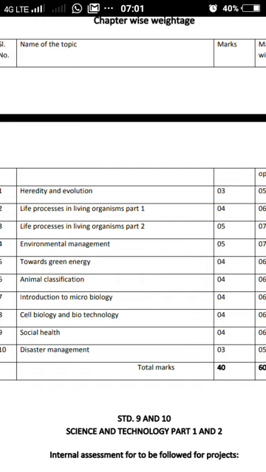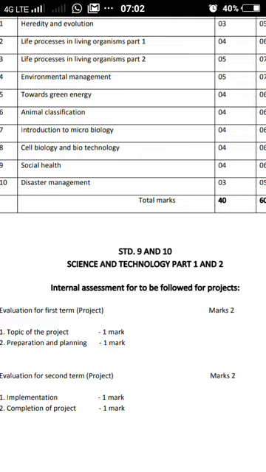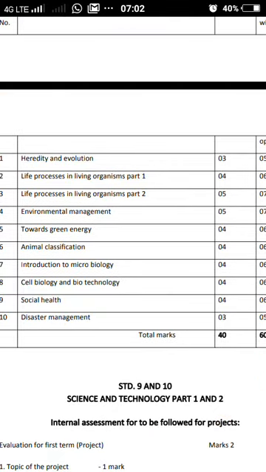Animal classification 4 marks, 6 marks with option. Introduction to microbiology 4 marks, 6 marks with option. Cell biology and biotechnology 4 marks, 6 marks with option. Social health 4 marks, 6 marks with option. Disaster management 3 marks and 5 marks with option. So total 40 marks compulsory, 60 marks with option. So 40, 80 marks here we have seen.